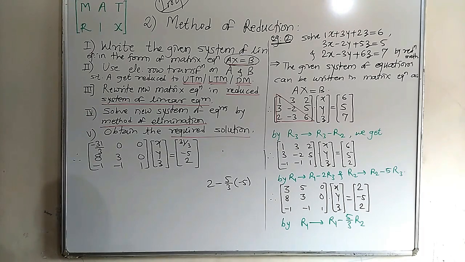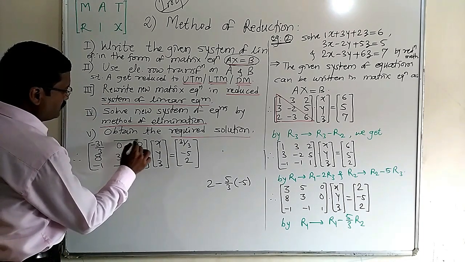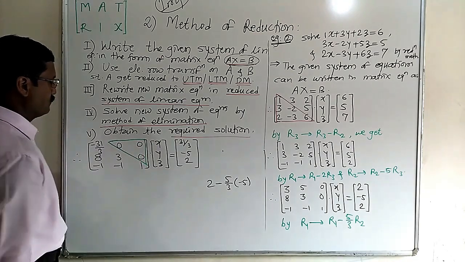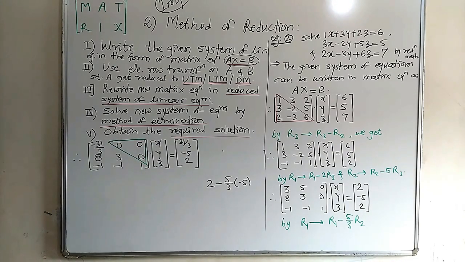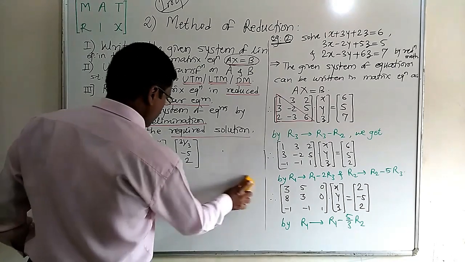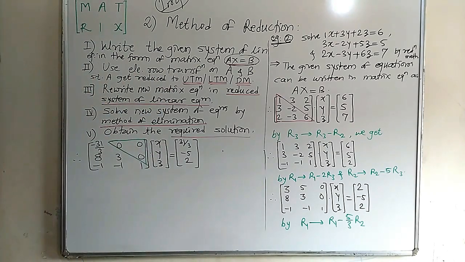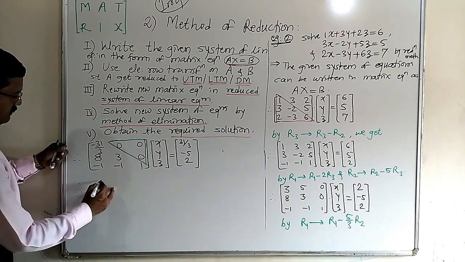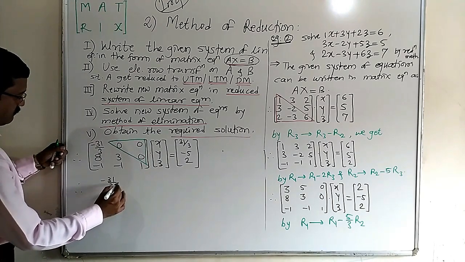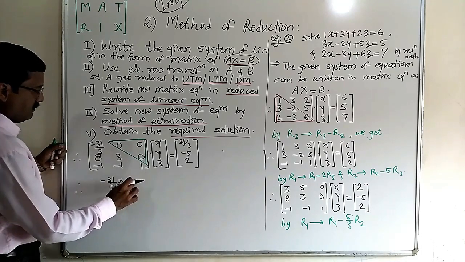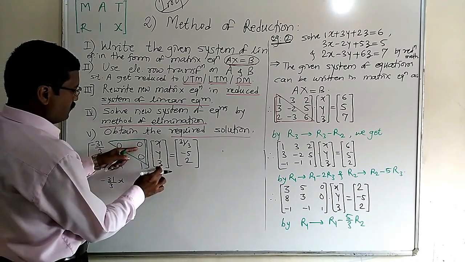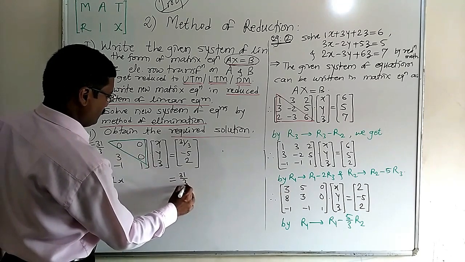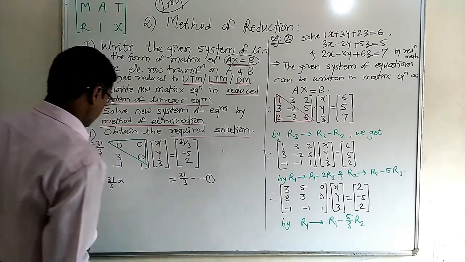So here we now get a lower triangular matrix in which the upper 3 elements are 0. Let us take the multiplication of these two matrices. By using the property of multiplication of two matrices, we get minus 31 by 3 x plus 0 into y plus 0 into z equal to 31 by 3, this is our first equation.